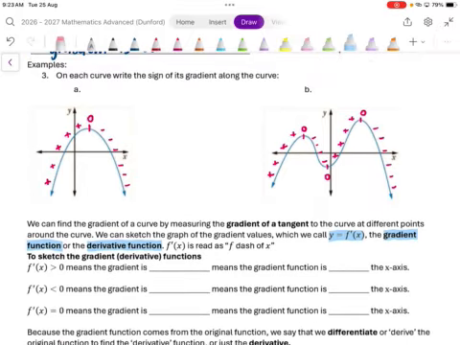To sketch the gradient or derivative functions, if f dash x is greater than 0, that means our gradient is positive, and that means when we draw our derivative function or gradient function, it is going to be above our x-axis.